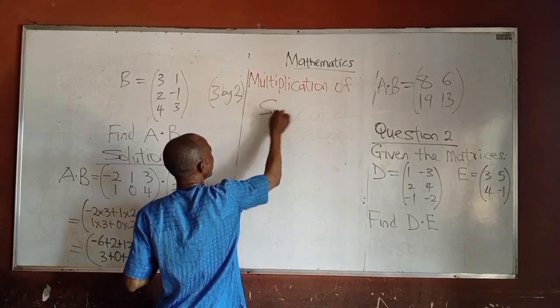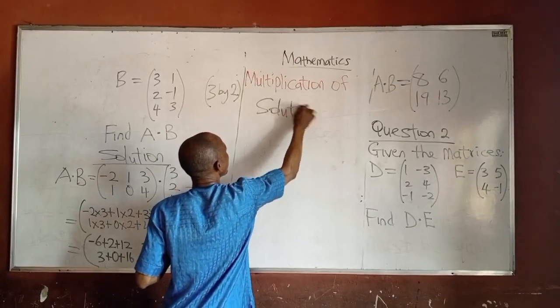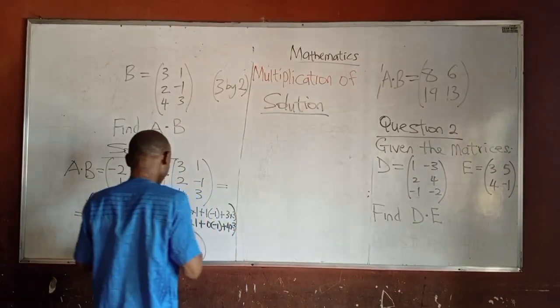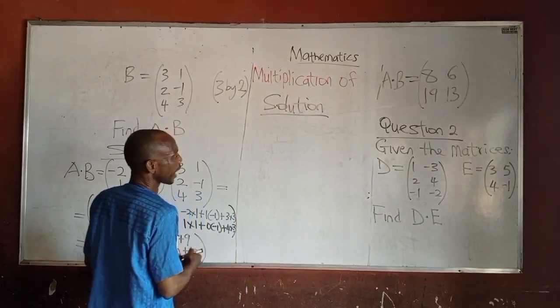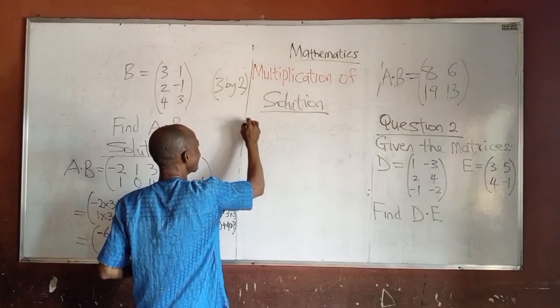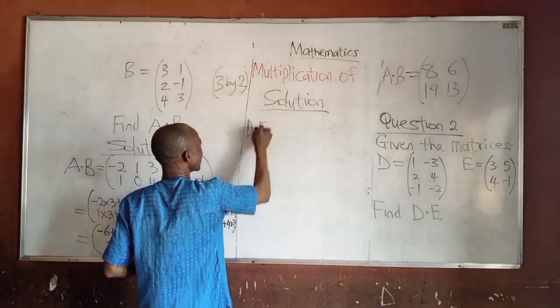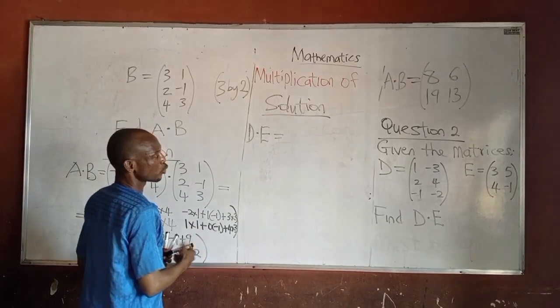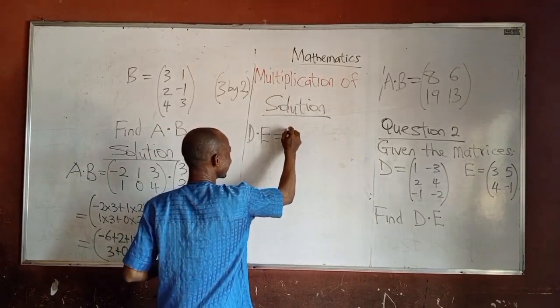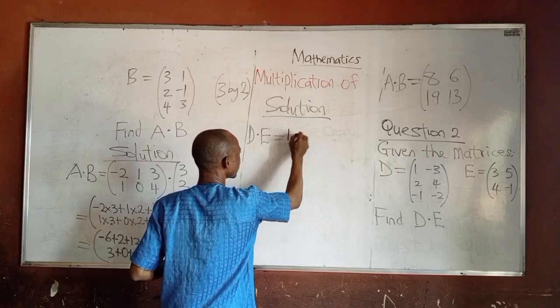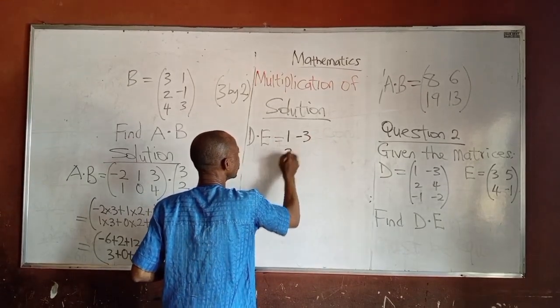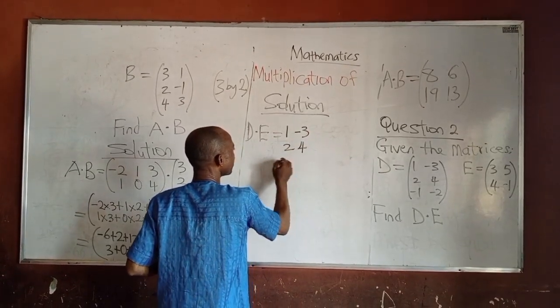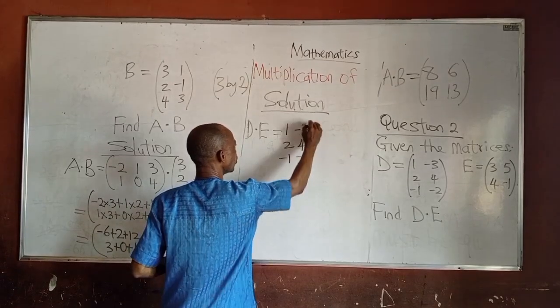Solution. We are going to carry out that D times E. And what do we have? 1 minus 3, 2, 4 minus 1 minus 2.